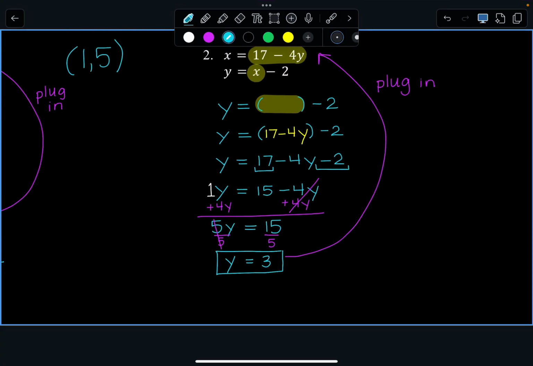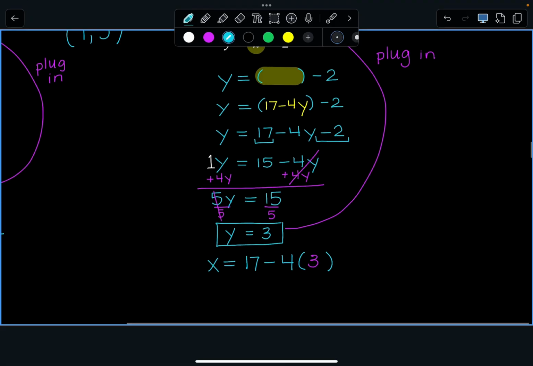When we do that, we have x equals 17 minus 4 times y. In that spot, we're plugging in 3. X equals 17 minus 12.